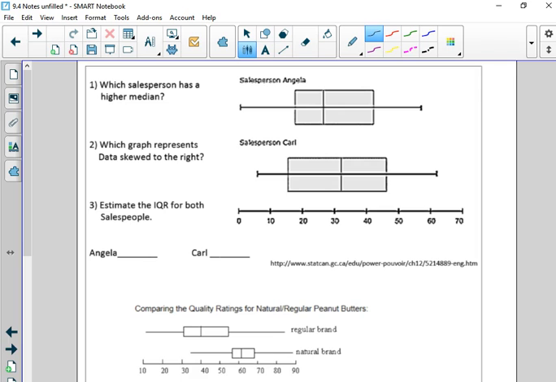Okay, last page. So now we're looking at comparing data on two box and whisker plots. Which salesperson has the higher median? That's the middle line. So here's Angela's median, here's Carl's, so it's Carl.